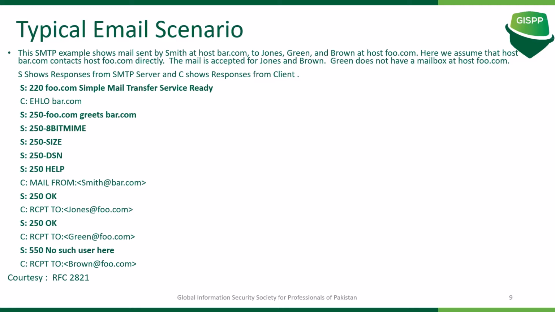So it wastes the bandwidth. But if you use EHLO, that size option will be discussed at the beginning. You say, I have an email of more than 5 MB, and the server says, no, I don't accept that. So it is saving a lot of bandwidth and a lot of effort from both sides. Anyways, you can dig more on this one.